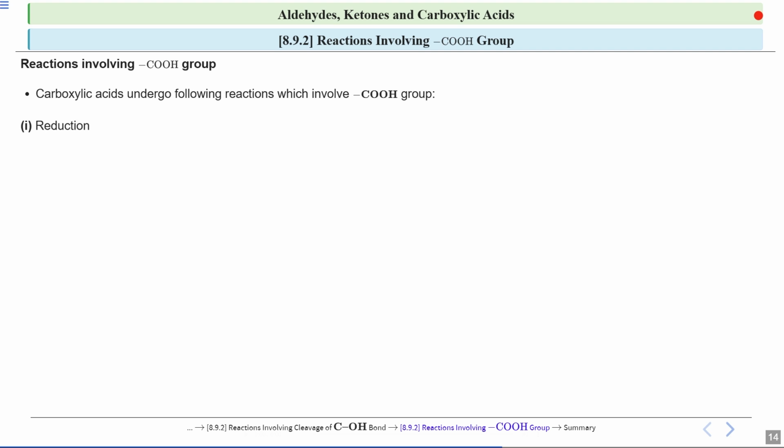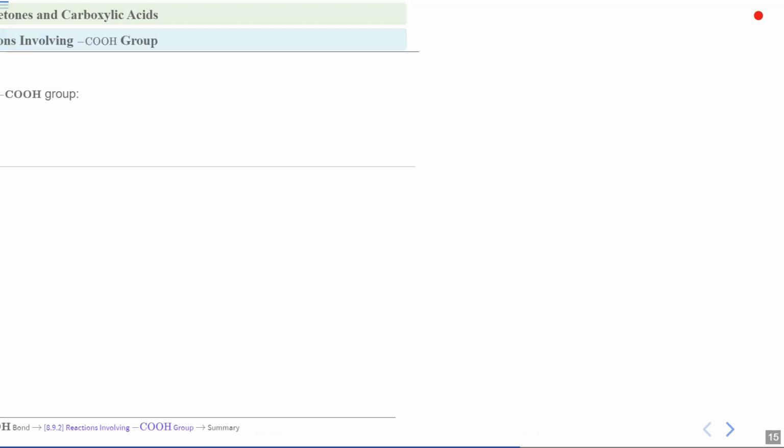A real example is the conversion of acetic acid to ethanol. Next, we have decarboxylation. This reaction involves the removal of the carboxyl group as CO2, effectively shortening the carbon chain of the molecule. One by one we will discuss each of these reactions.